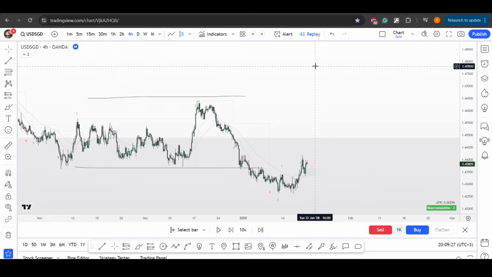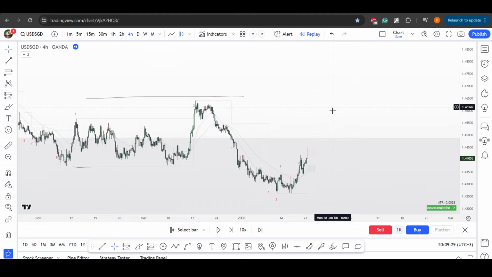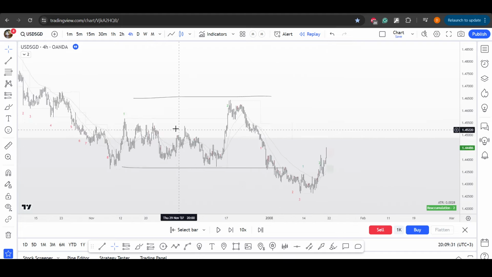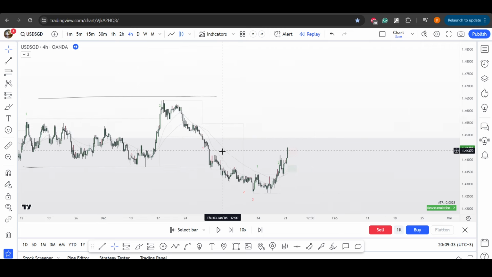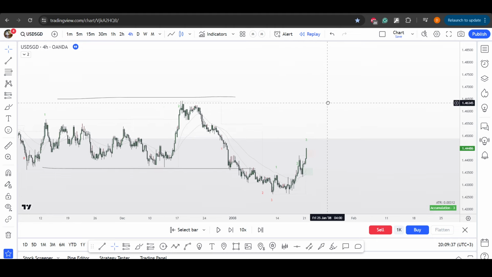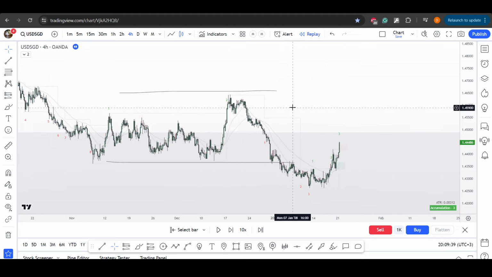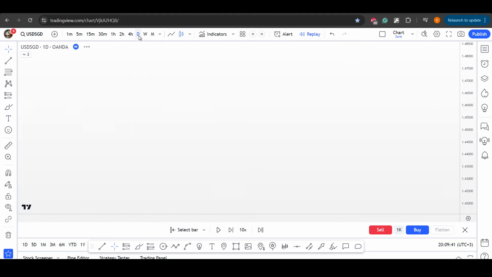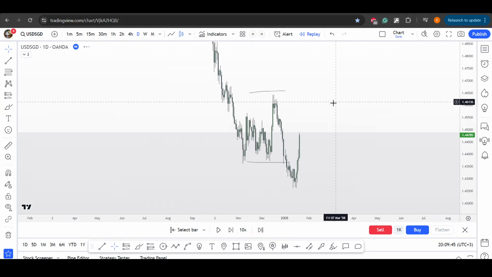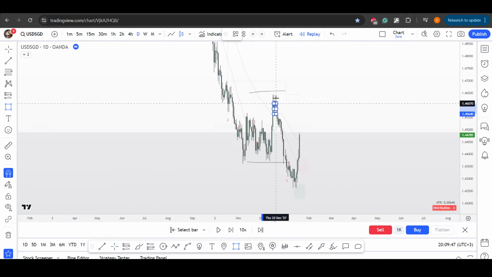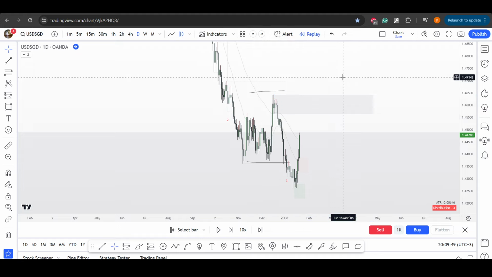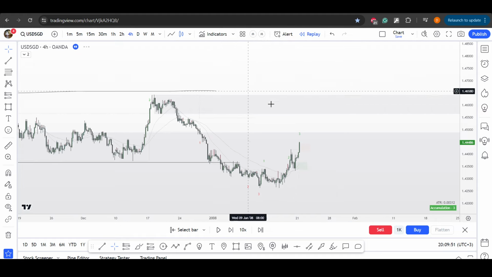Okay, so we have liquidation, and now, you know, because the market is so overextended, it will most likely go even higher, and probably hit these deeper zones on higher time frames.